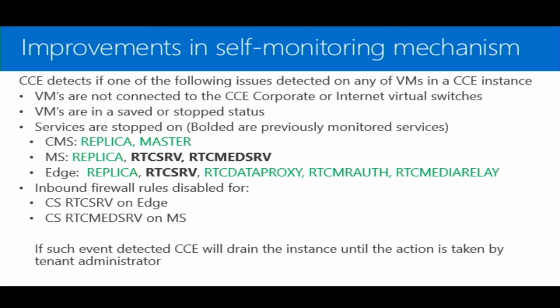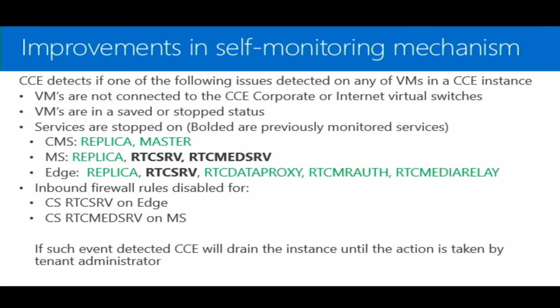For random reasons, networking problems or whatever, sometimes the VMs may disconnect. So we will monitor and make sure each VM is connected to both, and if for whatever reason they're not, we reconnect them. That is perfectly good behavior. If the VMs are stopped or saved, we're going to restart them.